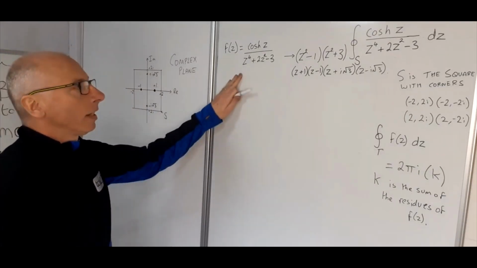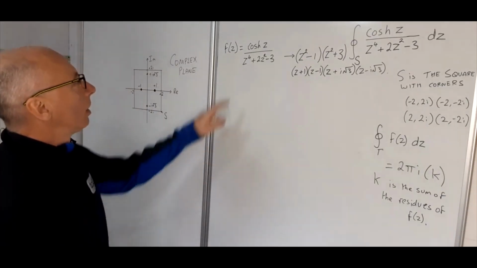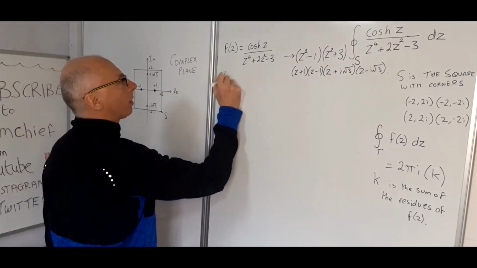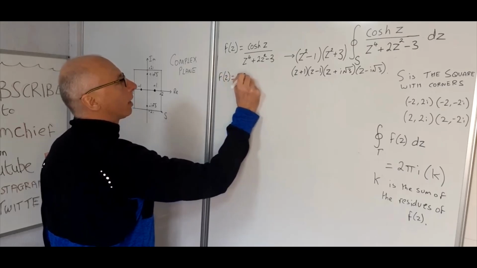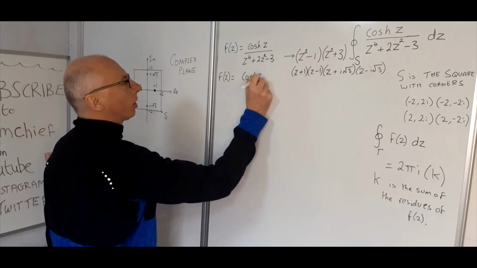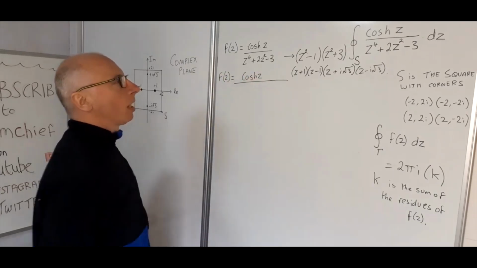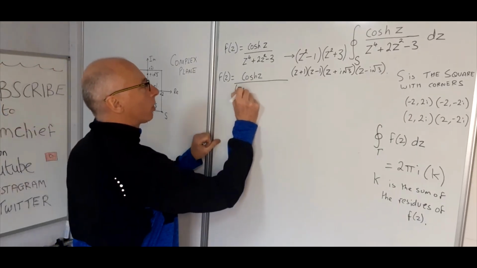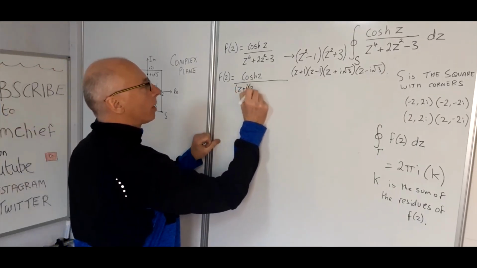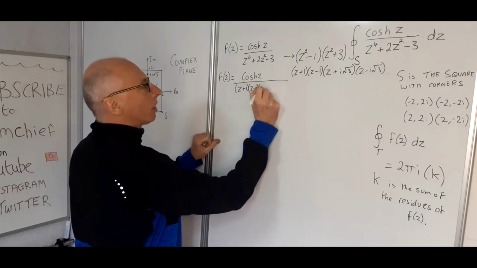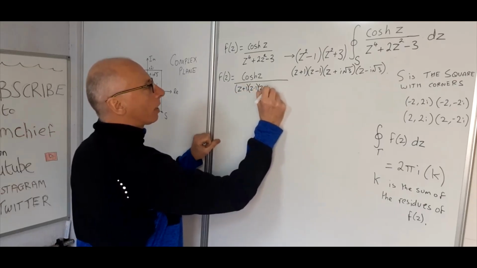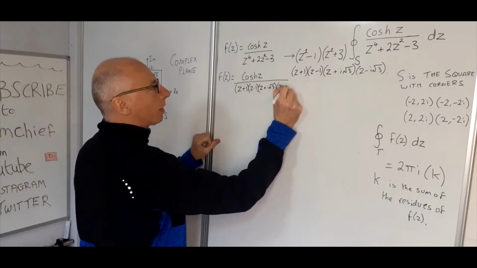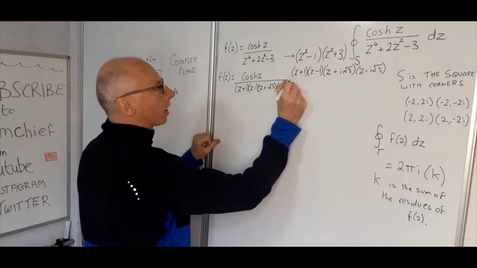Okay, now let's rewrite our function here with these in the denominator. So f of z equals cosh of z. And then write down these 4 factors: z plus 1, z minus 1, z plus i root 3, z minus i root 3.